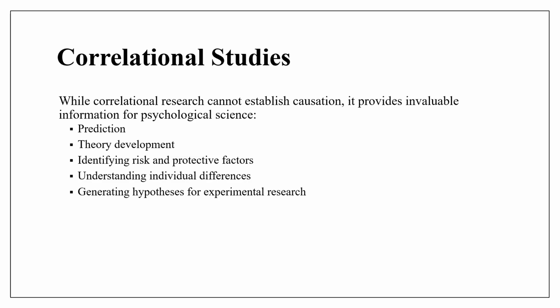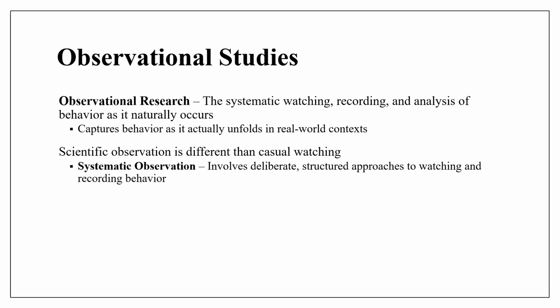It allows us to understand individual differences, especially those things that cannot be easily manipulated, like personality traits. And it's very helpful in generating hypotheses for experimental research. One of the things we said earlier is that non-experimental research helps us lay the foundation to see what's actually out there and whether it's worth doing an experiment on it.